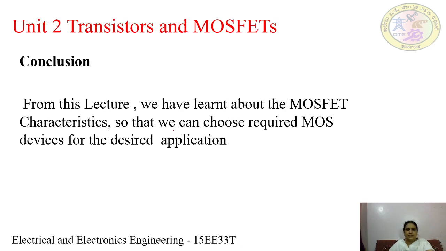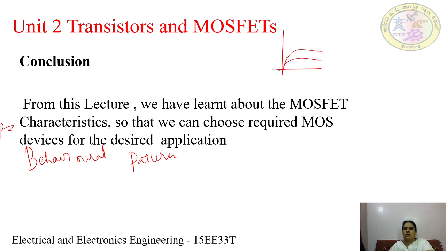So from this lecture, what have we learned? We have learned about the behavioral pattern of the MOSFET. Behavioral pattern means the characteristics itself. So depending on the characteristics, I obtain different sets of the output characteristics, and different sets of the input characteristics.